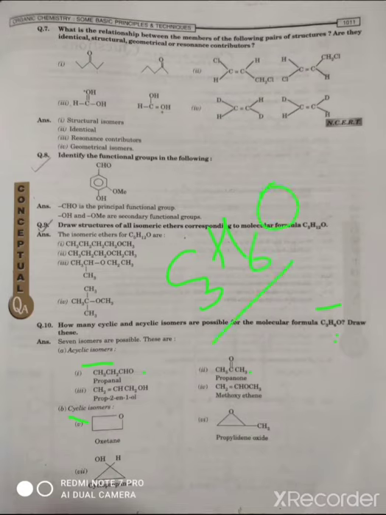With 3 carbons, you can make the aldehyde, that is CH3CH2CHO. Ketone is also possible, and you can keep the double bond and find different possibilities, and even in the cyclic form you can find different possibilities. So these are some questions, and from this the 7th question is a text question, that is an NCERT text question.